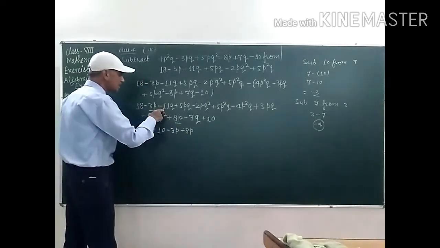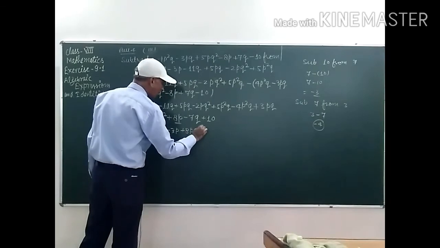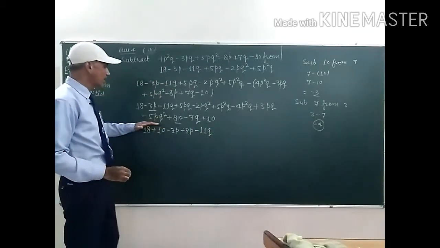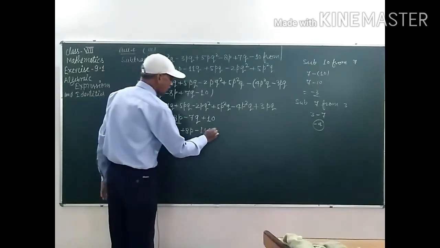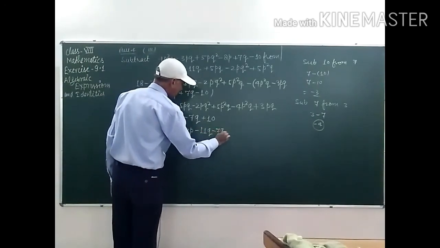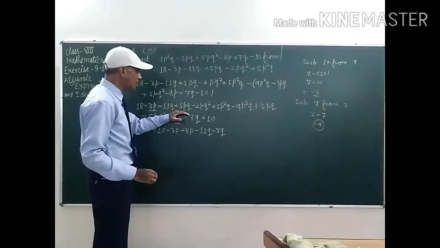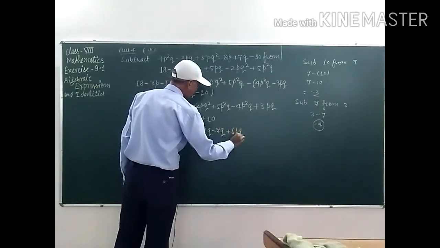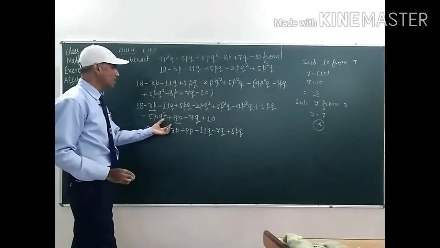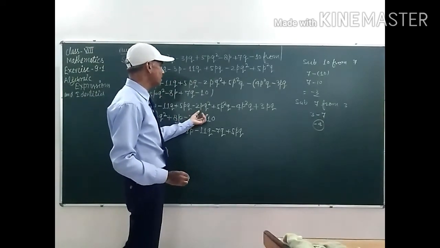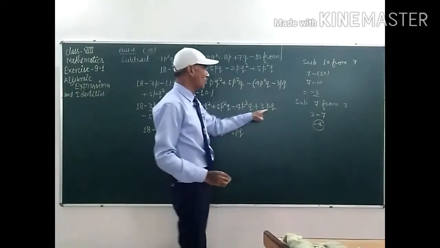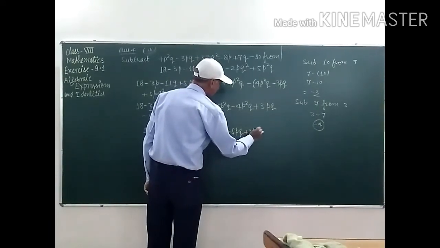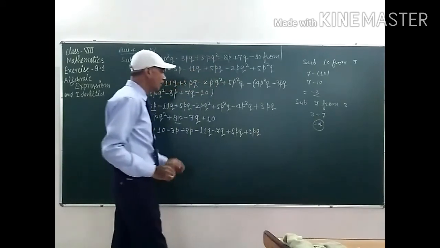And again, that is minus 11q, and minus 7q. Clear? Plus 5pq, and where is pq again? That is 3pq, plus 3pq. Clear?